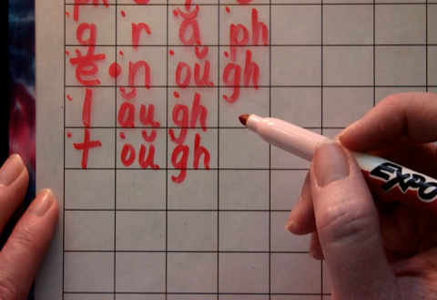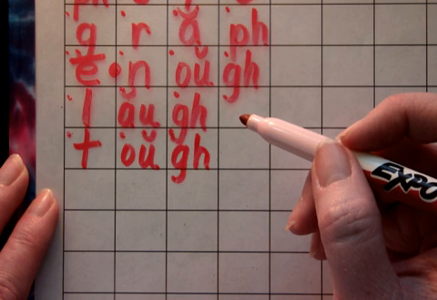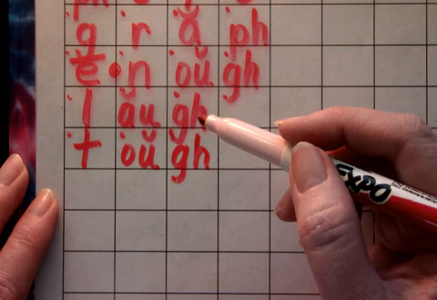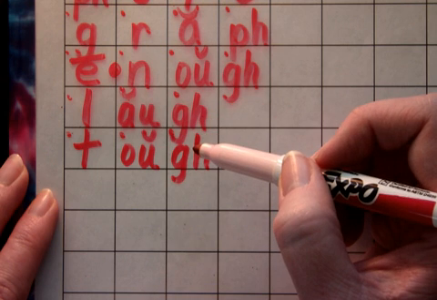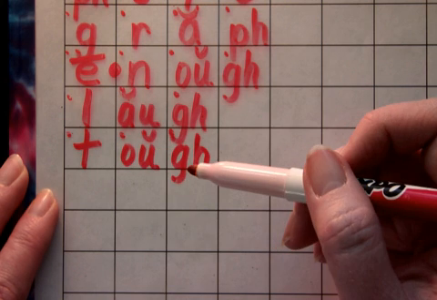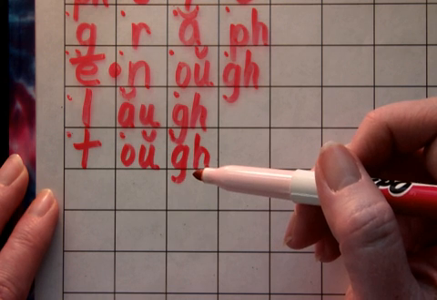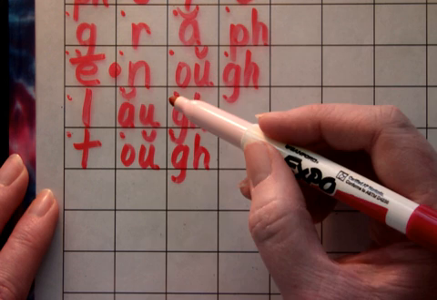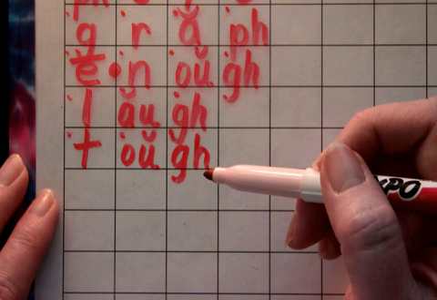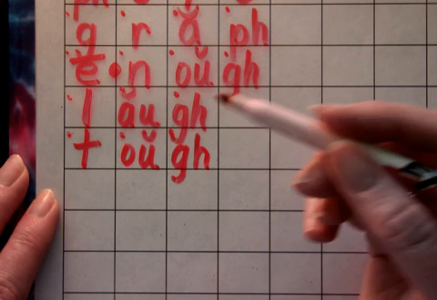So that's not a good rule to use and to remember, because it's not going to help you out. The best way is to remember the words, listen to the sounds, remember how it looks, because vowel teams are very tricky. Enough, laugh, tough.